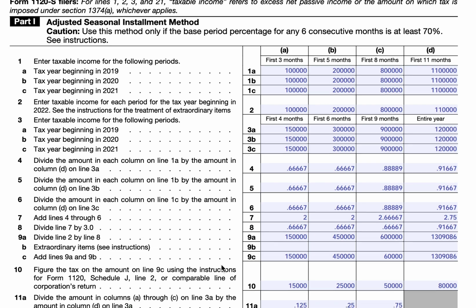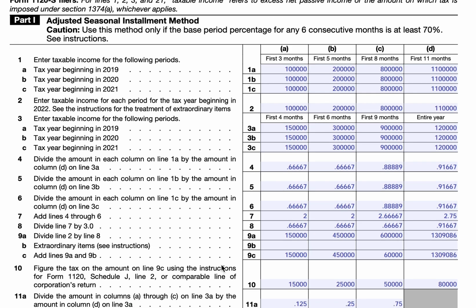So in Part 1, you can see we've already pre-filled this form. I'll walk you through, and then I'll tell you how I've simplified it just for illustrative purposes. For lines 1 and 3, you'll enter the taxable income for certain periods of tax years.